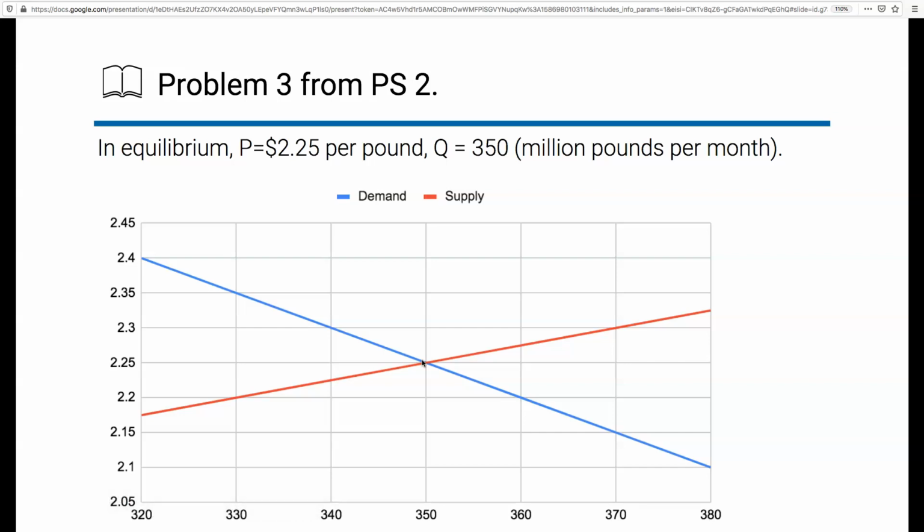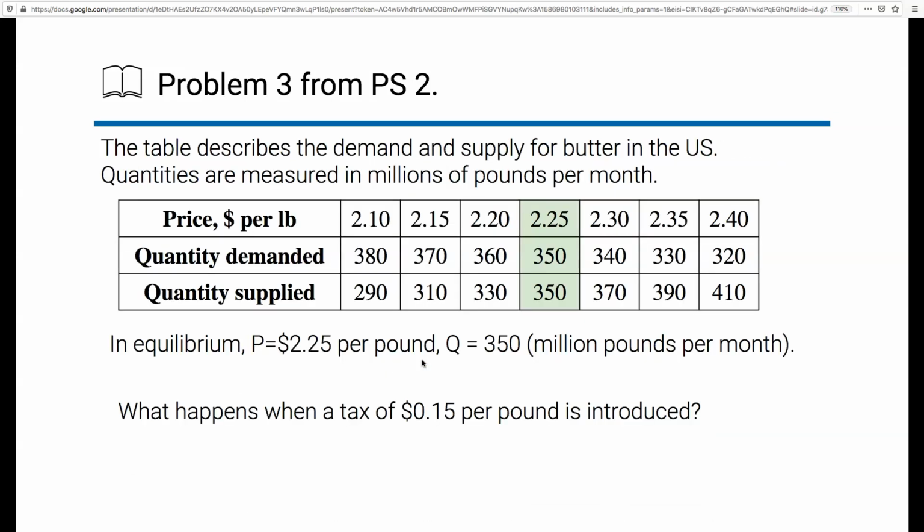And it's a completely unrealistic example because you know that, in fact, governments tend to help dairy producers rather than taxing them, but it's a convenient example to consider how taxes work. So I'm going to ask, what happens when a tax of 15 cents per pound is introduced? In reality, it doesn't really matter whether we're taxing consumers or producers, but for simplicity, I'm going to assume that it's the producers who are being taxed.